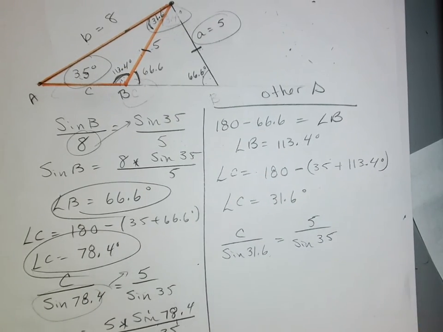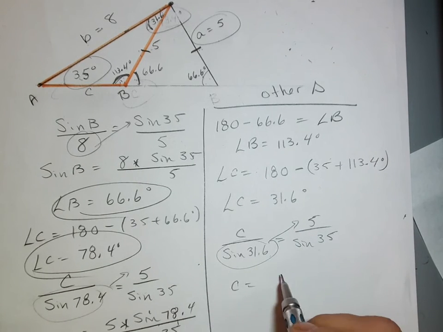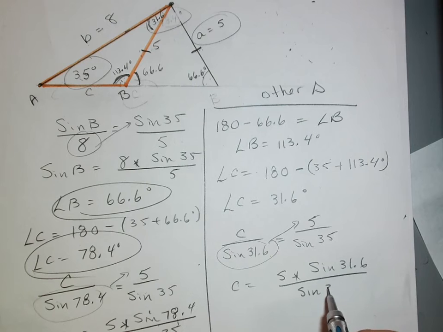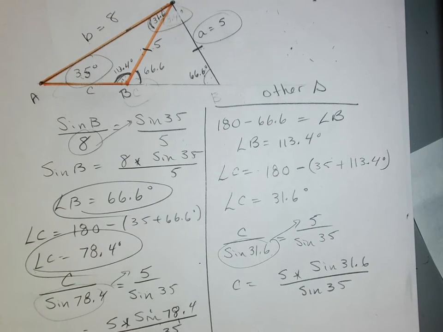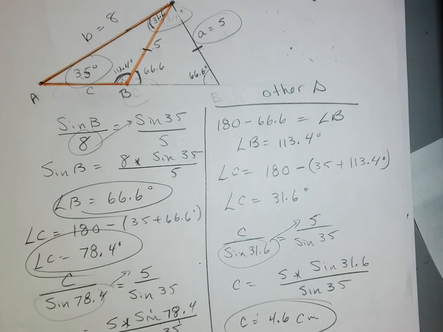And I'm just going to solve for c by multiplying that up. So little c is equal to 5 times the sine of 31.6 divided by the sine of 35. Use my calc: 5, sine of 31.6 divided by sine of 35, and I get an answer of about 4.6, approximately 4.6 centimeters.